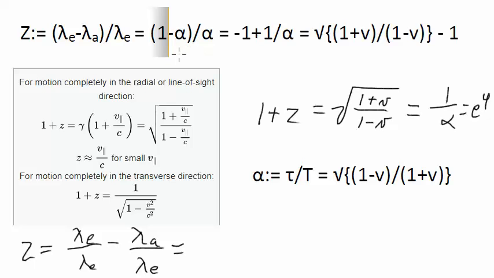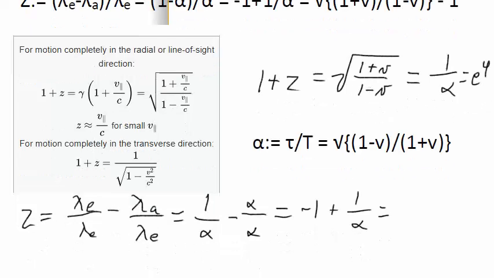No. That would be 1 over alpha minus alpha over alpha equals minus 1 plus 1 over alpha equals, this thing is 1 over alpha.